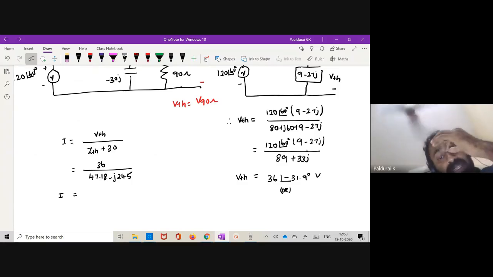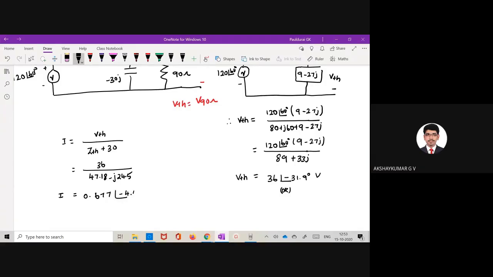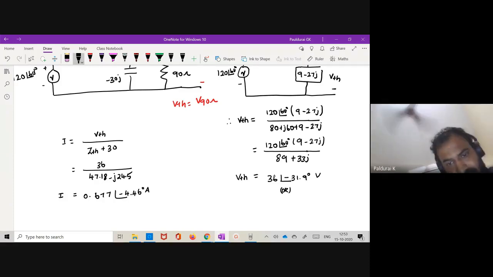I got 36 divided by 47.18 minus J24.5. You know the value for ZTH; substitute ZTH, add ZTH plus 30, and it will give you 47.18 minus J24.5. So I is 0.67 at an angle of minus 4.38 degrees ampere.